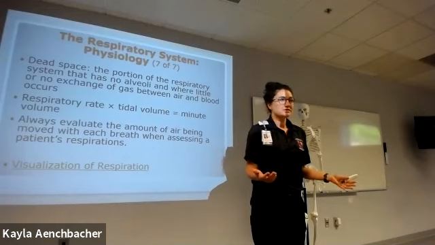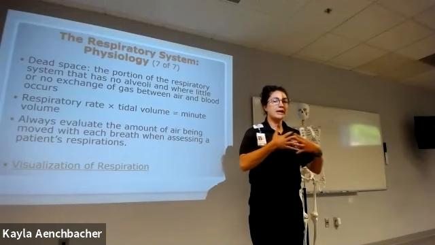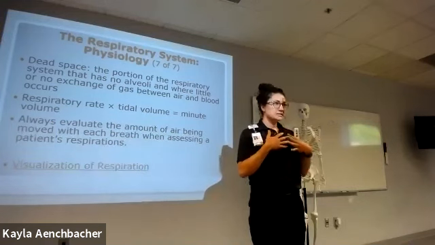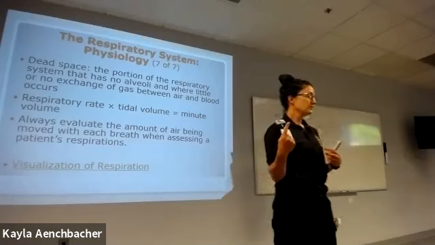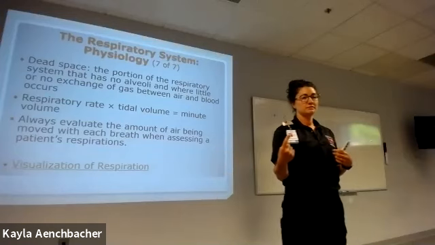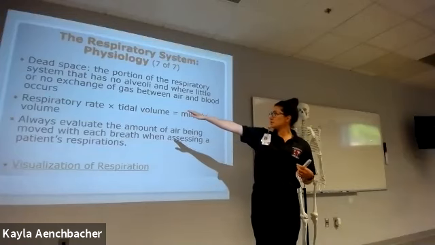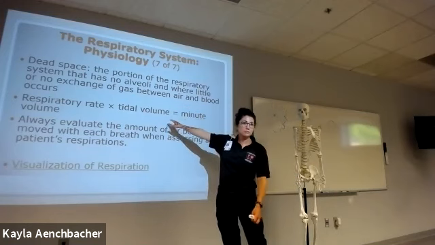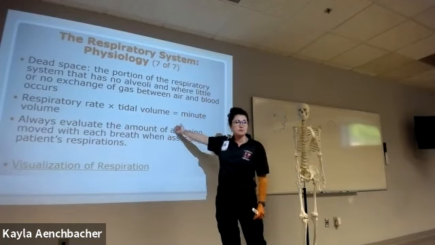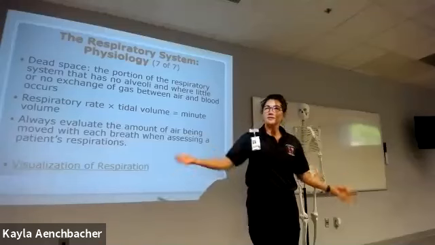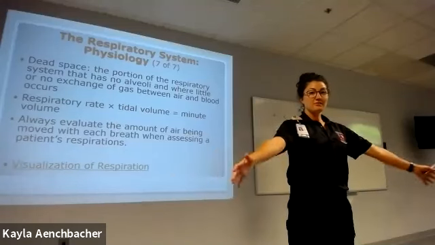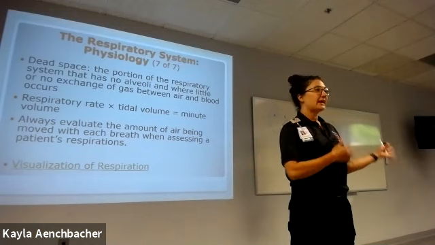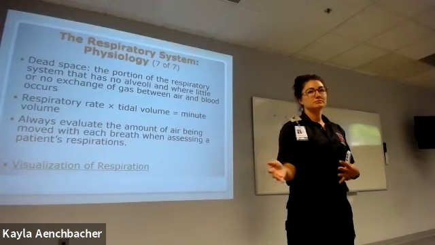We just call it a respiratory rate, but we're actually counting how many times your chest rises and falls. How many times you breathe in 1 minute is a respiratory rate. If you take the respiratory rate times the tidal volume, that formula is going to give you your minute volume. What do you think that means? The amount of air you're moving in and out over the course of 1 minute.